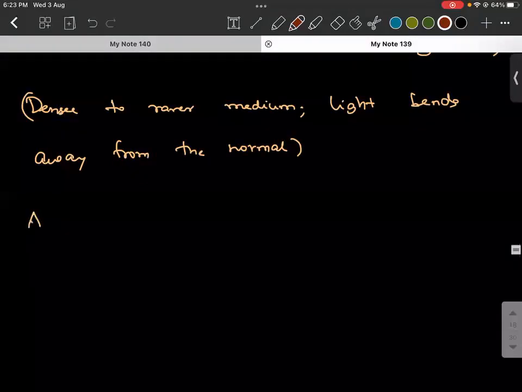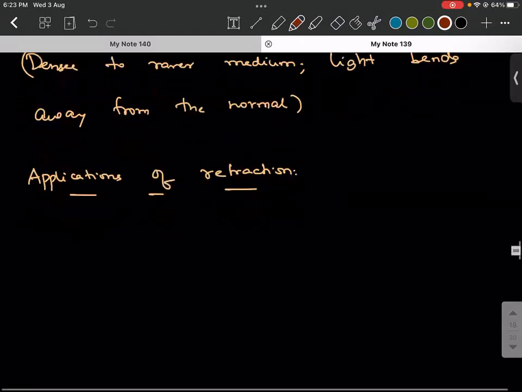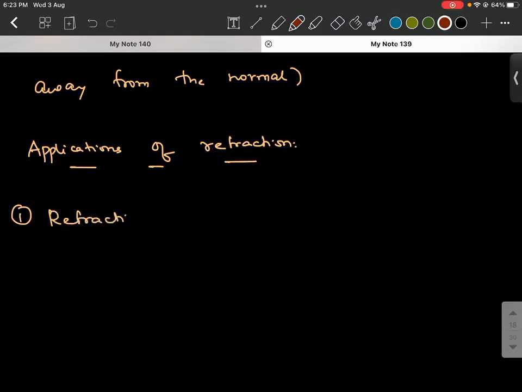Now we will see certain applications of refraction which are important. So when I talk about the applications that are associated with refraction, I can talk about refraction through a glass slab.